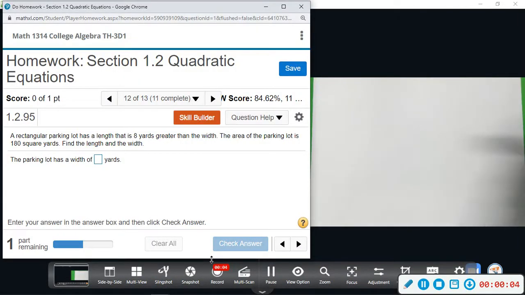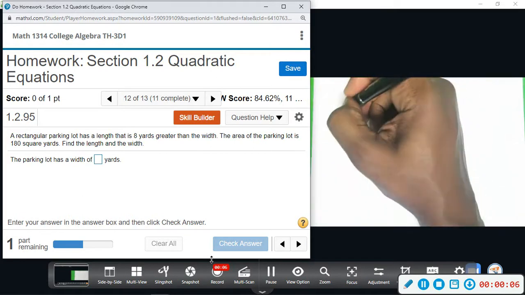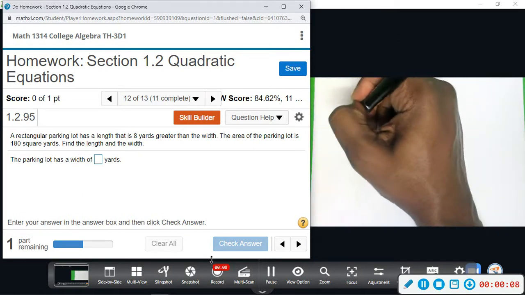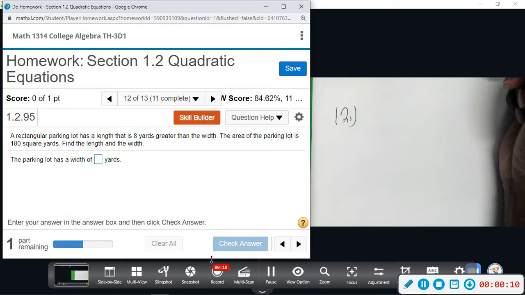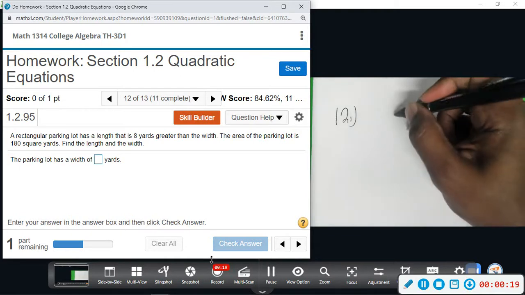Number 12, we have an application of quadratic. Alright, so we have a rectangular parking lot, has a length that is 8 yards greater than the width. Okay, so we've got a rectangle.